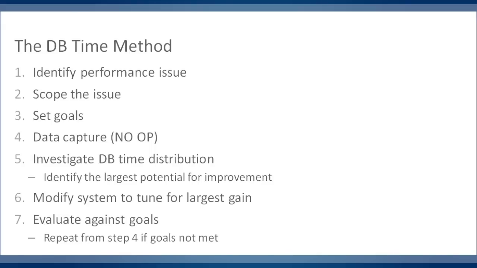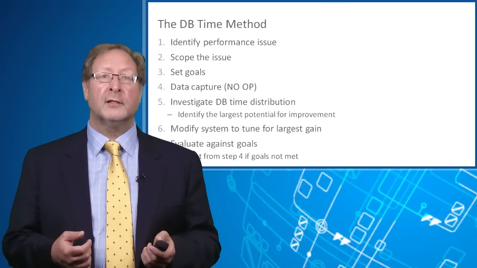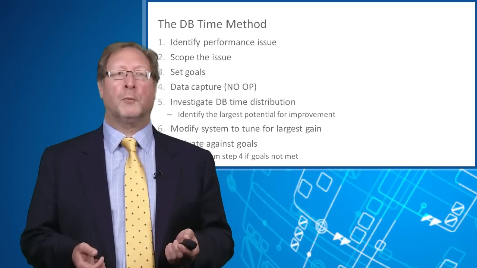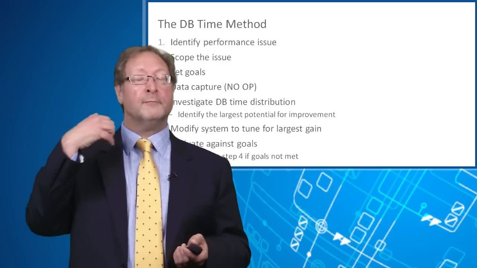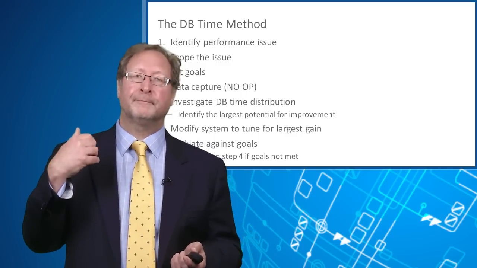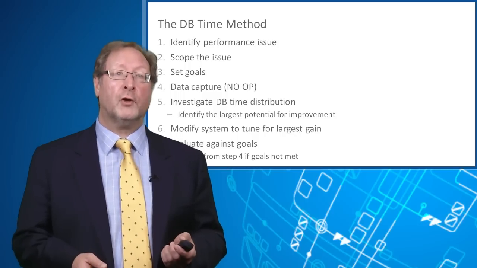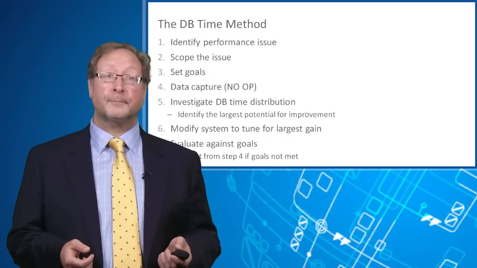No matter how much instrumentation we put in the database, it's still the case that the main way that DBAs find out about performance problems is that users call them up and say, system's going slow, is there a problem? So first of all, identifying that you've got a problem is a key thing to do.